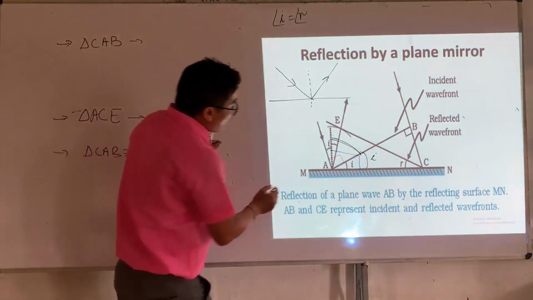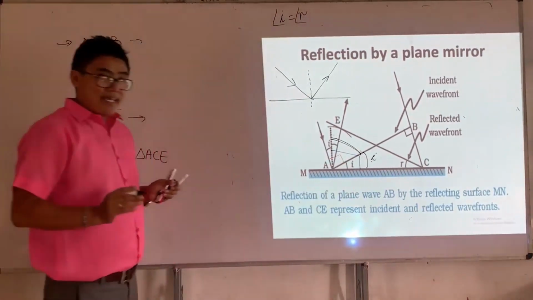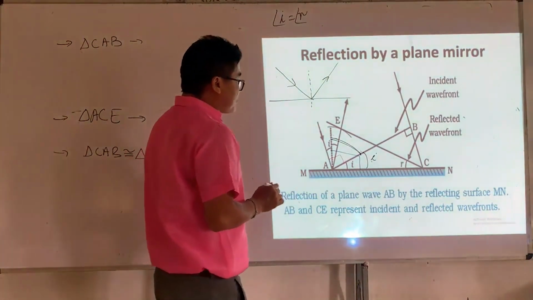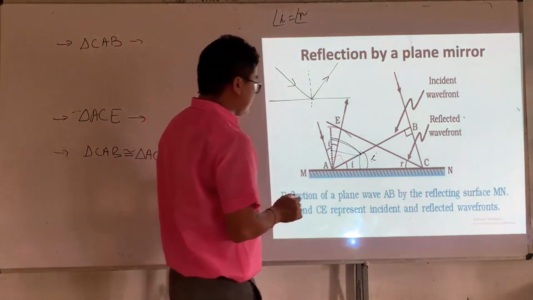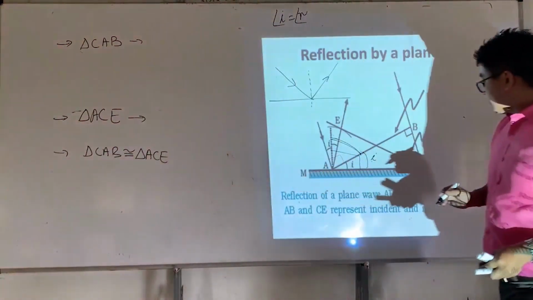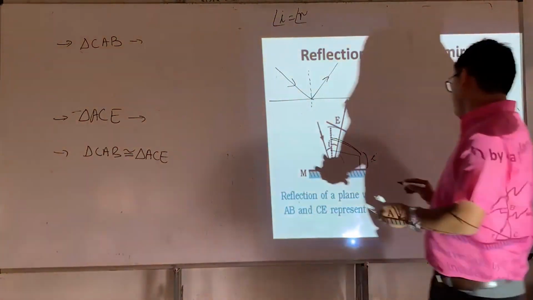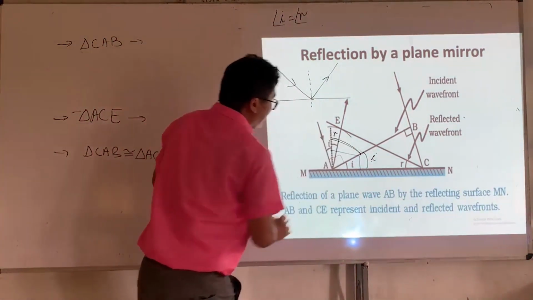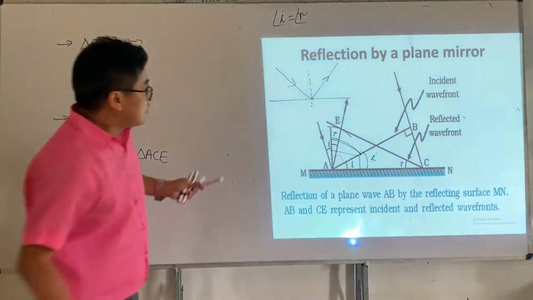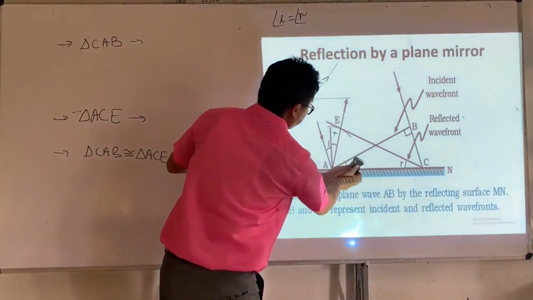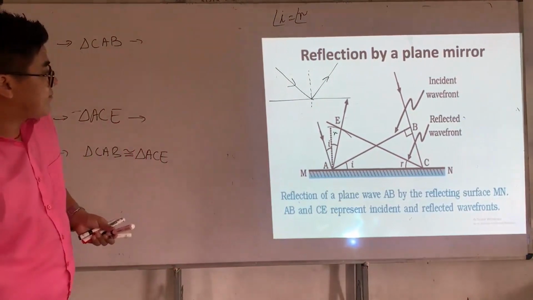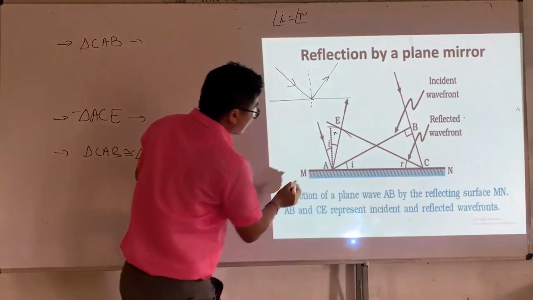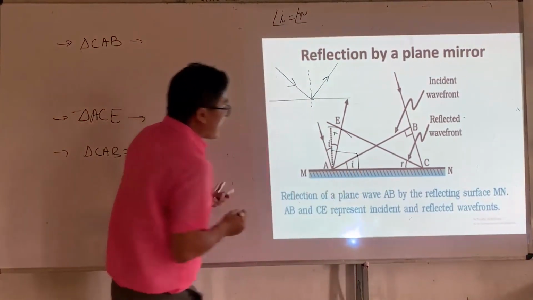So therefore, this is going to become I. And next, I will take this R. This is R, the angle of reflection. So this is one right angle.